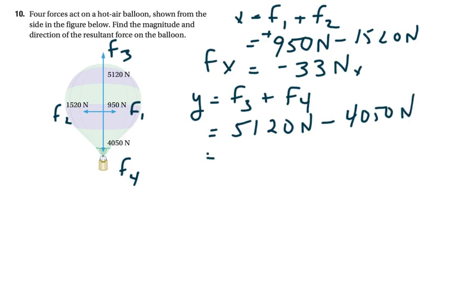And you get a y component that is equal to 329 newtons in the y direction. So our resultant vector, it's 33 in the negative x, and then 329 in the positive y. So our resultant vector is taken off kind of like that into quadrant 2. It's important that you know that because we always define the angles with respect to the positive x-axis.